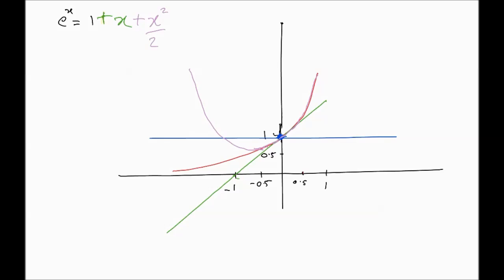So it's a quadratic, of course, 1 plus x plus x squared over 2. As you can see, it's getting closer. Remember the red line is the original e to the x. Now if I were to take one more term, so let's say the next term is x cubed over 3 factorial, and 3 factorial would be 6. So we have an x cubed over 6. And this is very interesting. I'm going to draw this for you approximately. And again, it's going to be on top of this, going quite well on top.